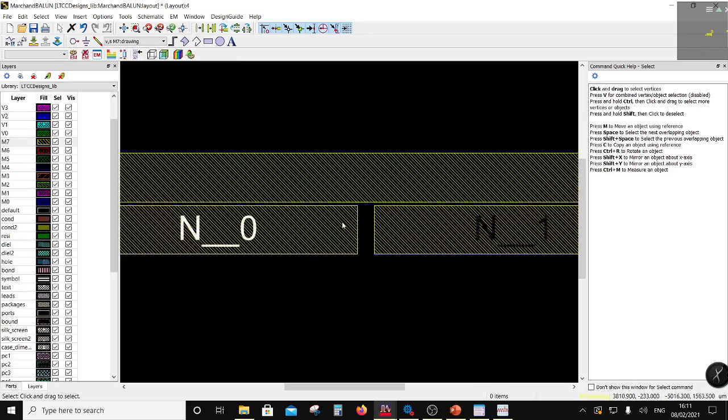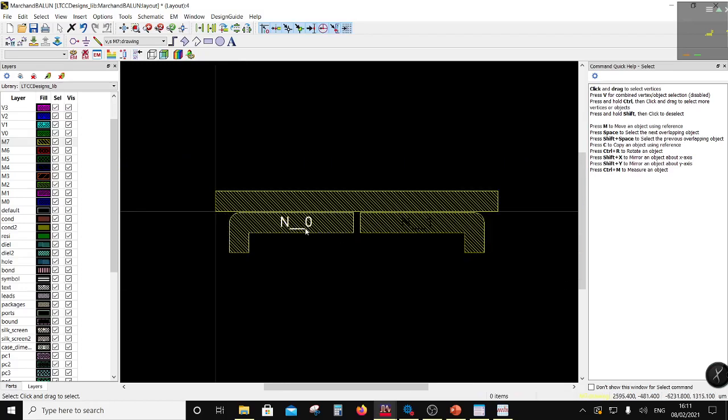Okay, so now this is done. All I need is to know the impedances over here so that I can connect, and then I need vias over here.